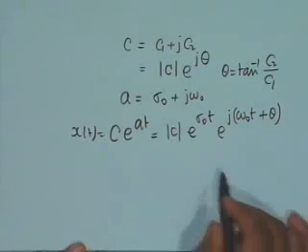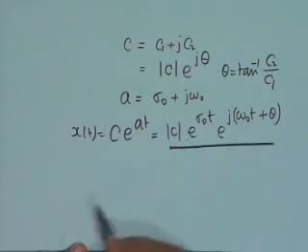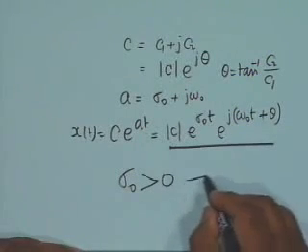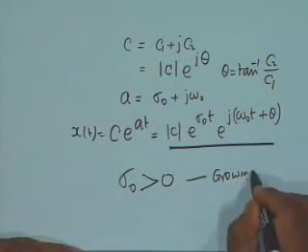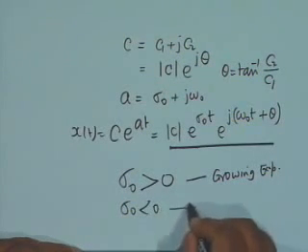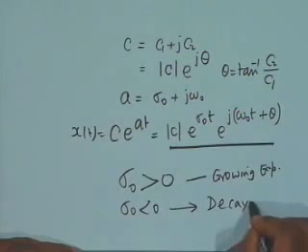And you see that you can easily plot this real part and imaginary part separately, and both real and imaginary parts shall either be a growing exponential or a decaying exponential, depending on whether sigma 0 greater than 0, this is a growing exponential, sigma 0 less than 0 shall be a decaying exponential.